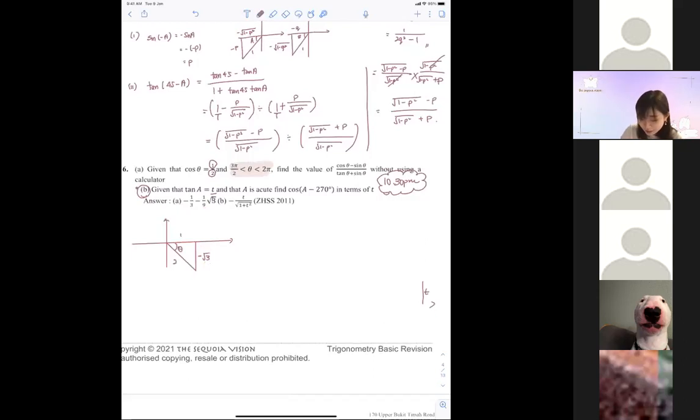Okay, yeah, send me part A answer, okay? Let me check. Okay, actually this one fourth quadrant, so draw here. Okay, that's why your sign wrong.